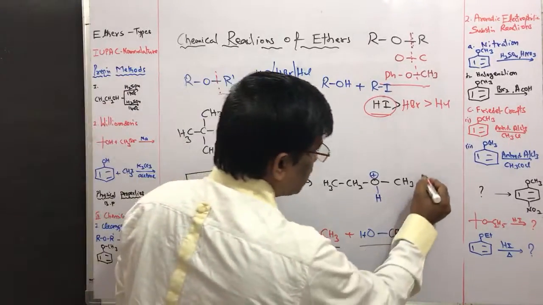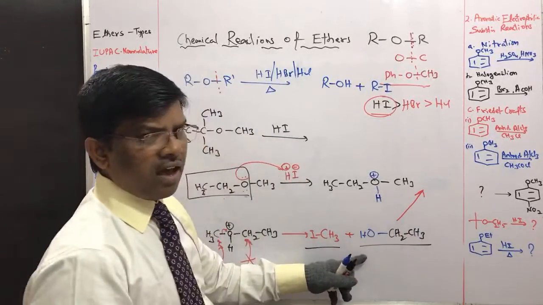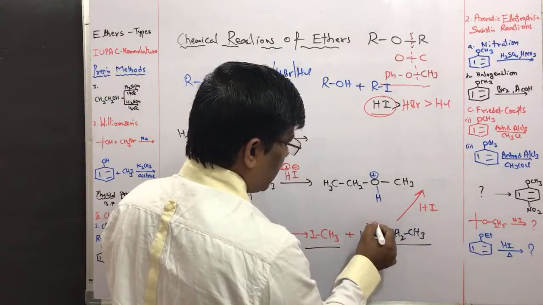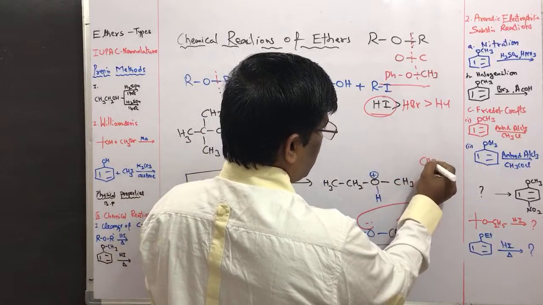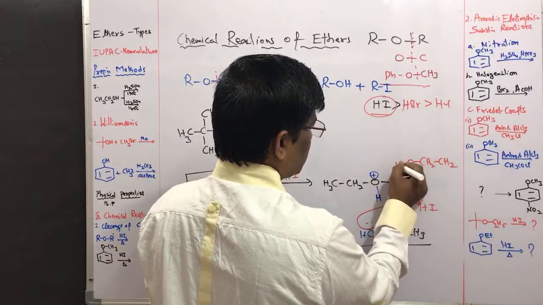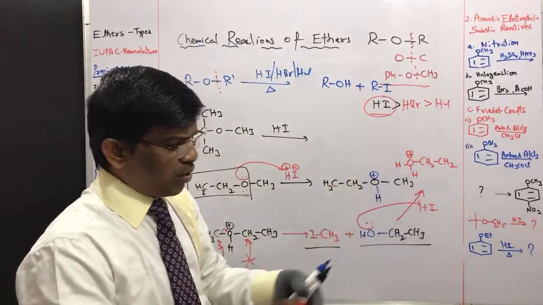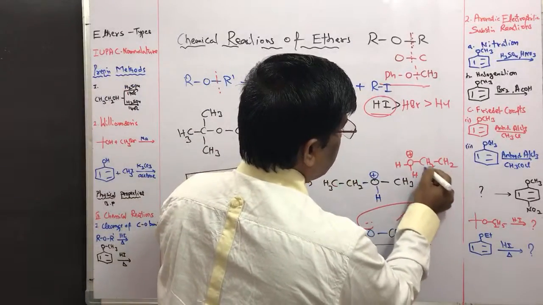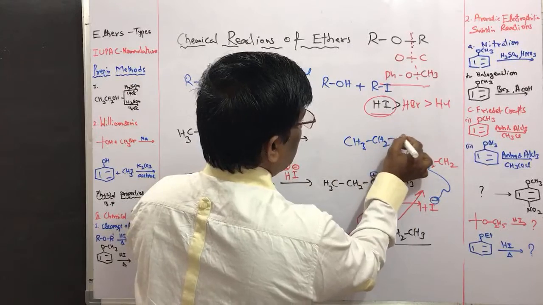However, if I use excess of HI, even this ethanol, if I use excess hydroiodic acid, it takes a proton and it is going to form CH2 CH3, and OH is already there, and another iodide, and at this stage, just as I said, the iodide enters into this to give CH3 CH2 iodide.